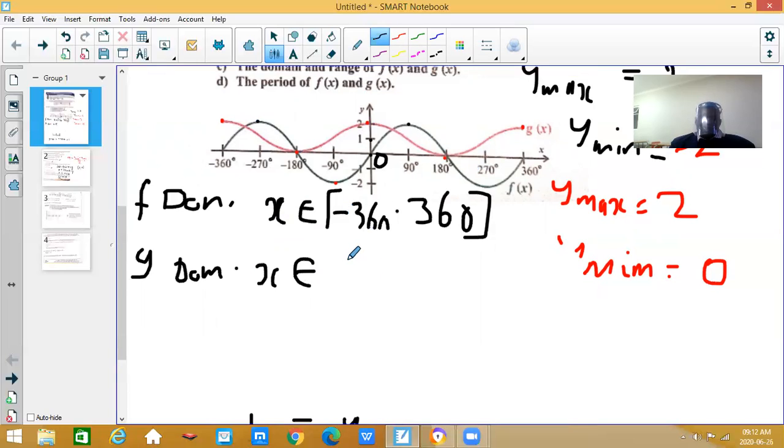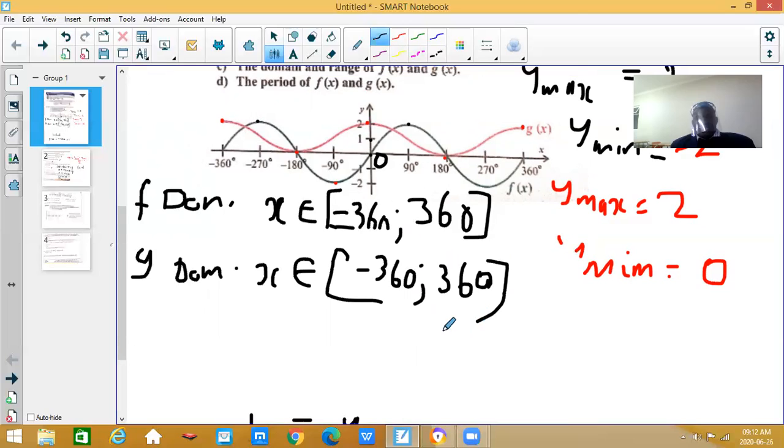No. So the domain also starts here from minus 360 up to 360, inclusive. When we put a square bracket, we are saying even these extremes are included there. This is the domain.